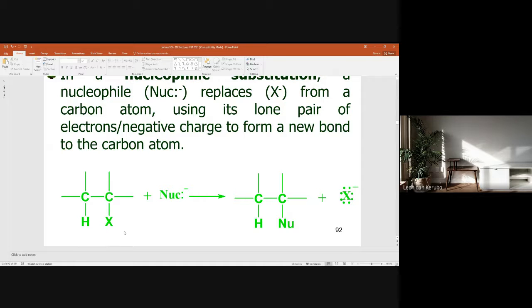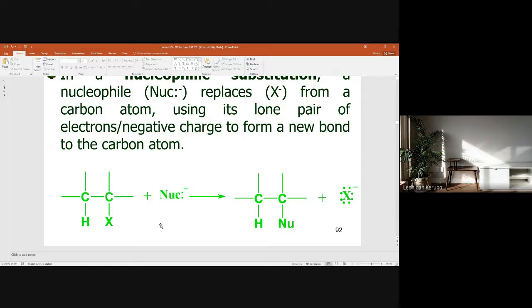Therefore, the halogen will have some partial negative charge and the carbon will have some partial positive charge. That's why any nucleophile is going to donate electrons to form a new bond with the electrophilic carbon bonded to the halogen, and the halogen leaves. It's a good leaving group because it's relatively stable once it leaves.